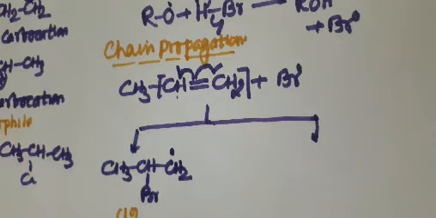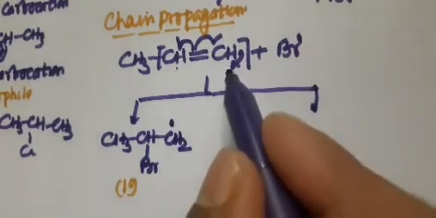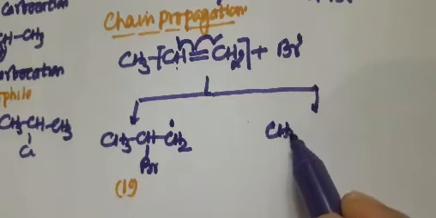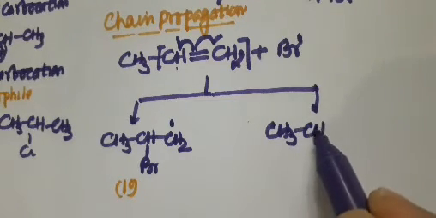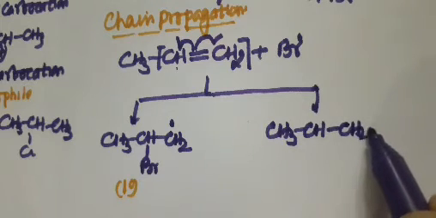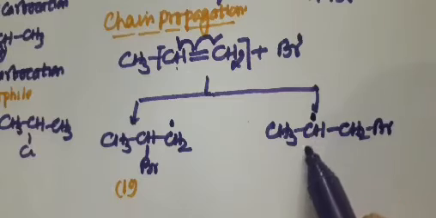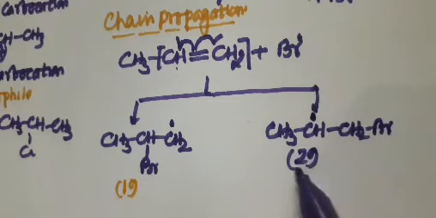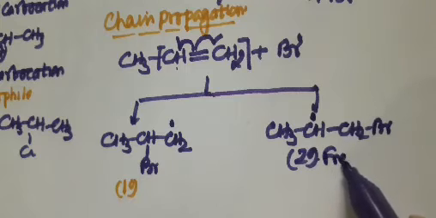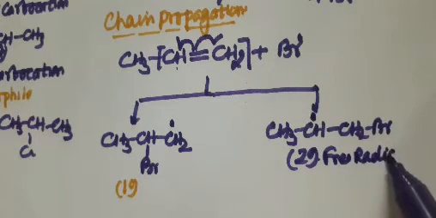And if Br is attached to the carbon which bears the maximum number of hydrogen atoms, then we are getting a 2 degree free radical.